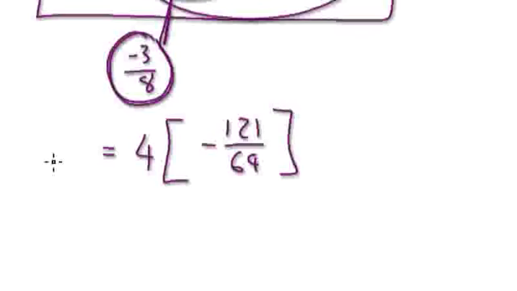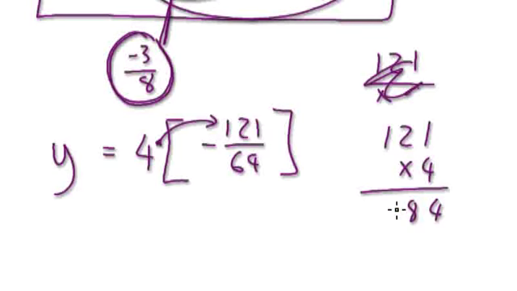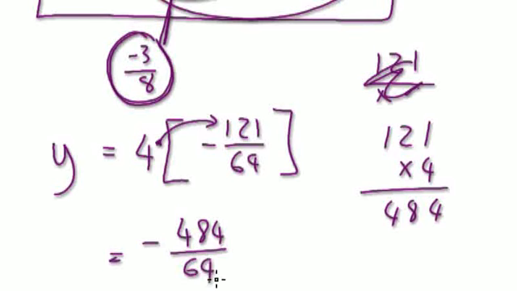Now to get the y value, you've got to multiply: 1 and 1 times 4 gives 4 8 4. So this would be minus 484 over 64.